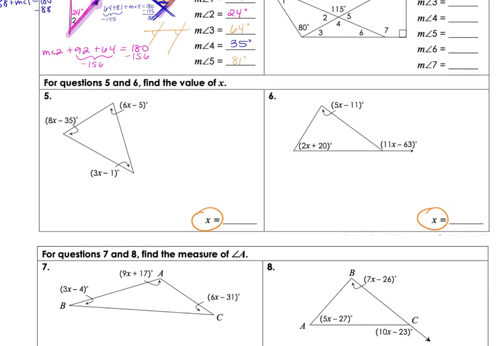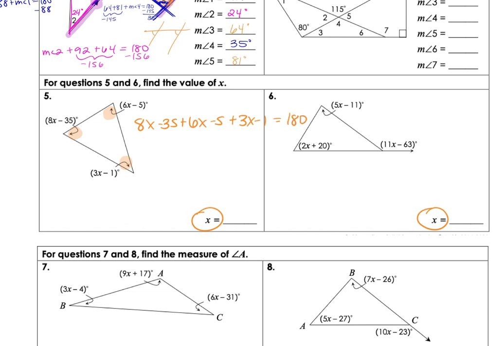What would you do on number 5? You have all the interior angles of a triangle. That always equals what? 180. So you're going to go 8x minus 35 plus 6x minus 5 plus 3x minus 1 should equal 180.